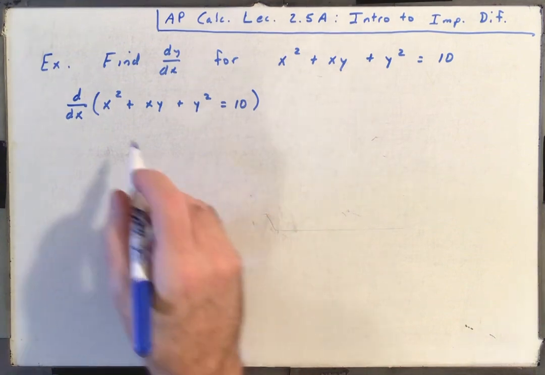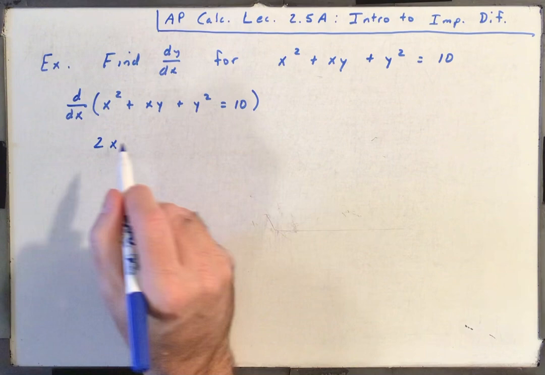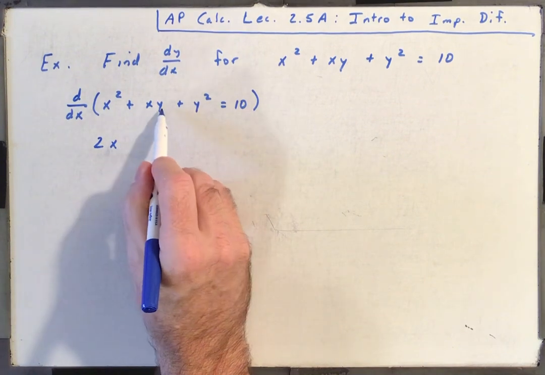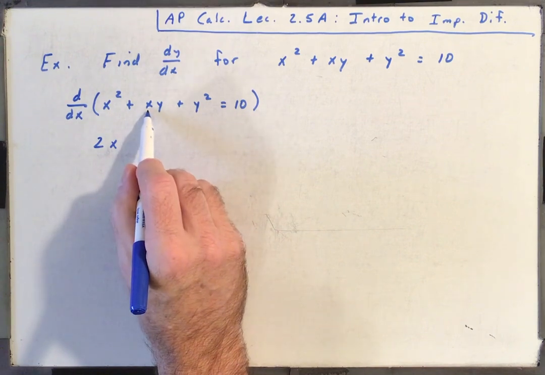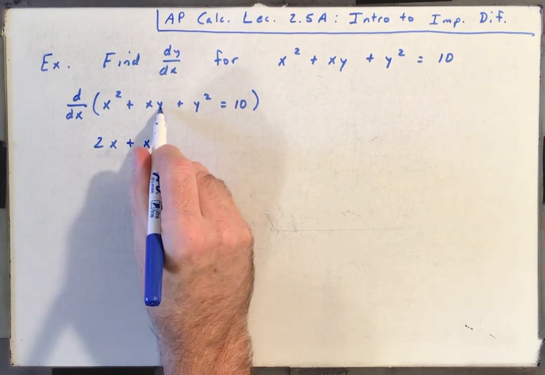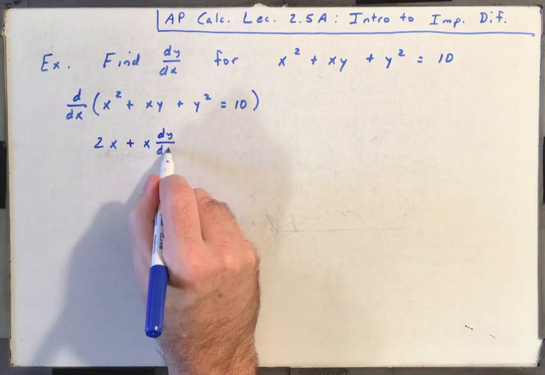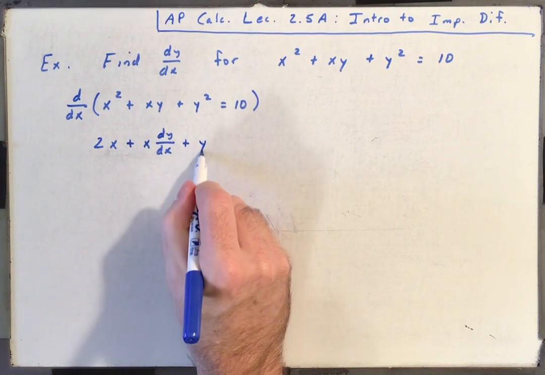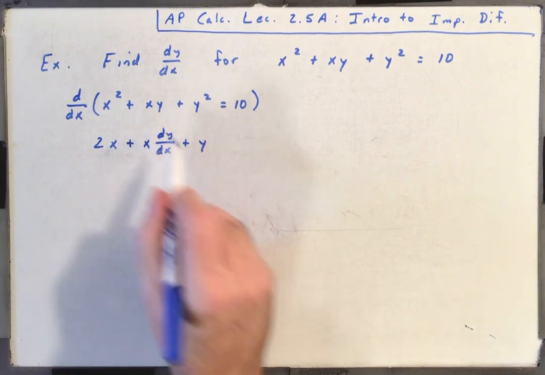Okay, so for x squared, that's easy. It's just 2x, right? But this is a product rule. The first times the derivative of the second plus the second times the derivative of the first. Okay, so the first is x. What's the derivative of y with respect to x? It's dy dx. So the first times the derivative of the second plus the second, which is y, times the derivative of the first, which the derivative of x is just 1.